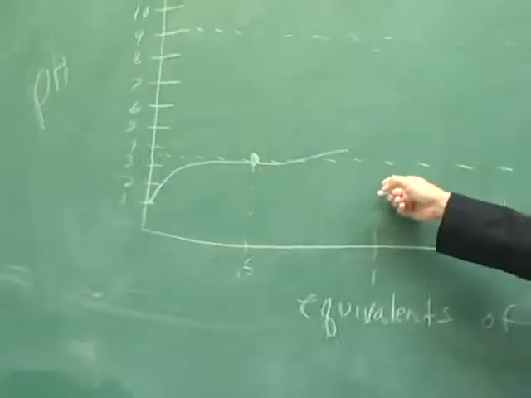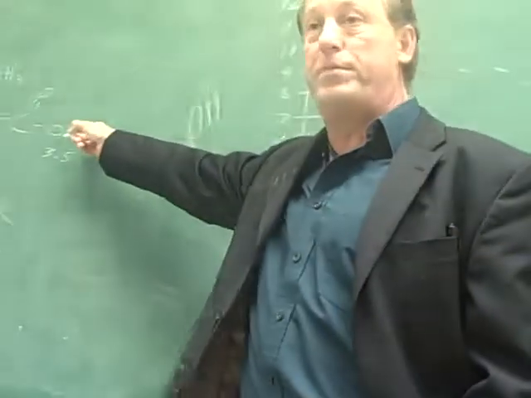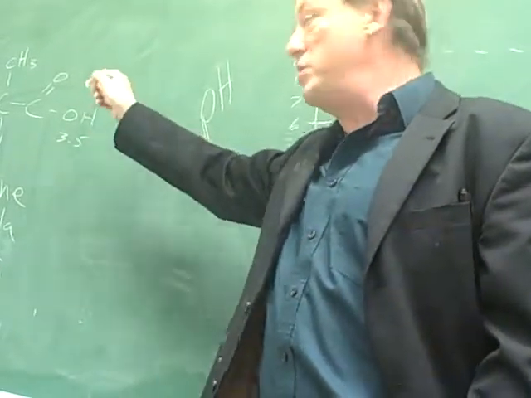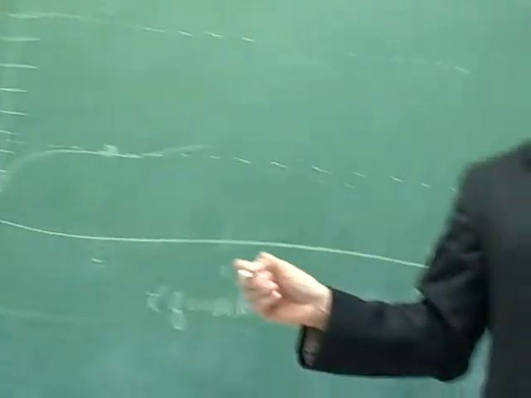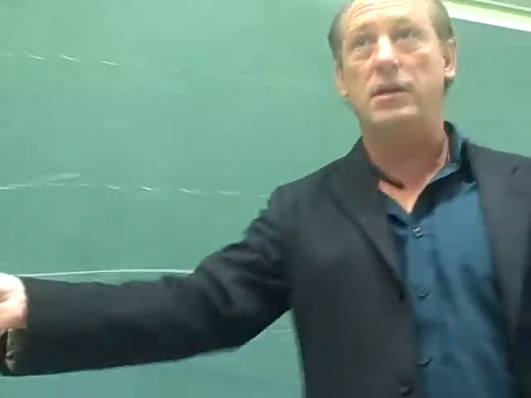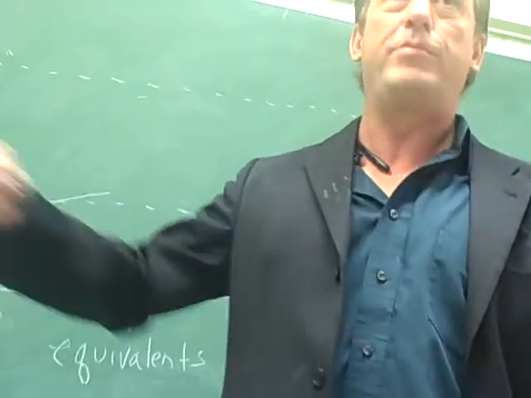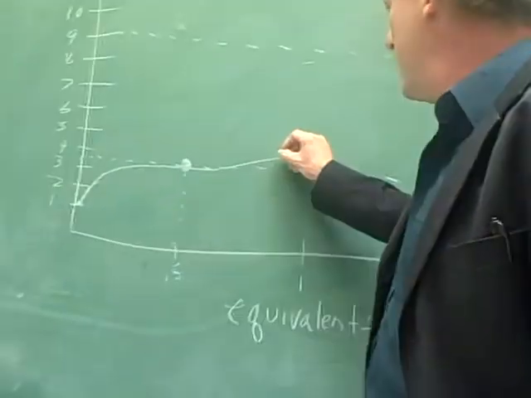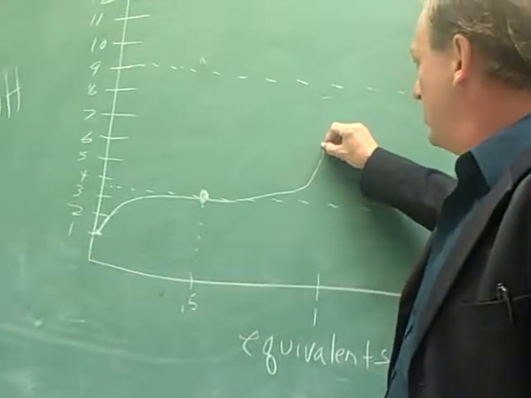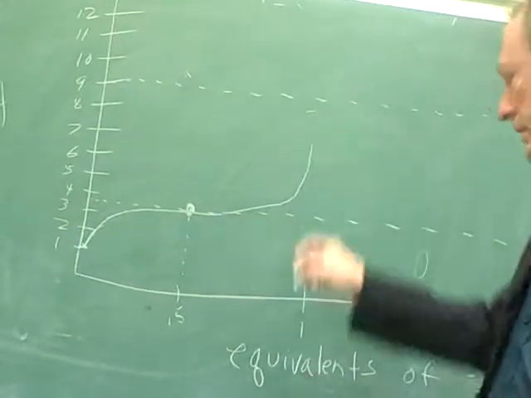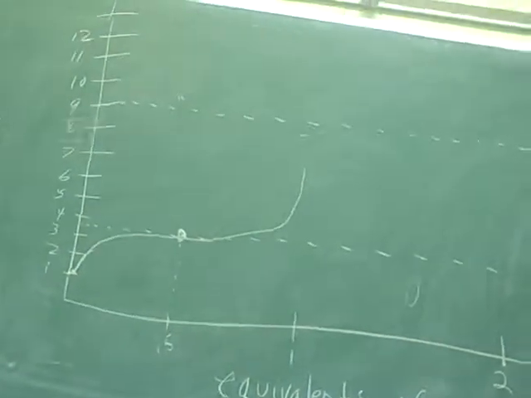But once I get to 1, I've pulled off all the protons from here. And so as soon as I start adding more OH, where am I going to get the protons from? The solution. And so the pH is going to change again because now the free protons in solution are being eaten up. And so now my pH will change very rapidly as I add my OH.